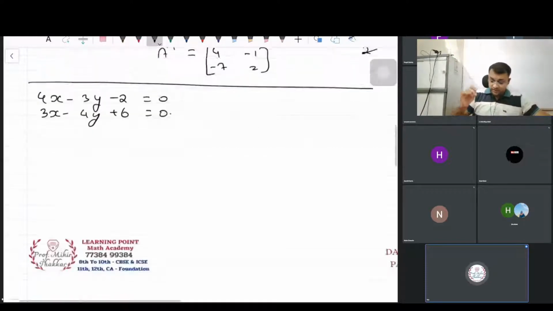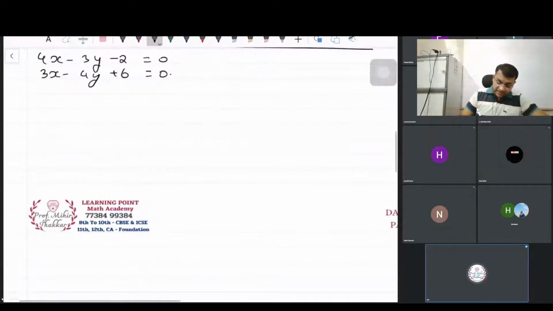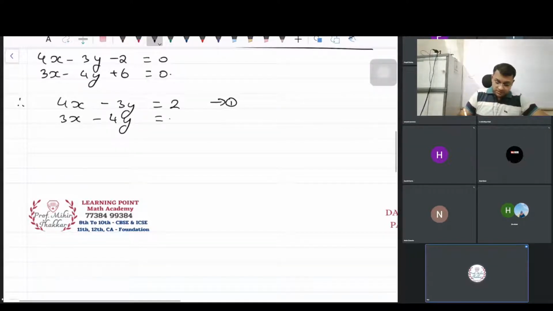Okay, so that's our given question. The very first thing that I will do is I will just take the constant numbers on the right hand side. So 4x minus 3y is equal to 2, equation 1, and 3x minus 4y is equal to minus 6, equation 2.